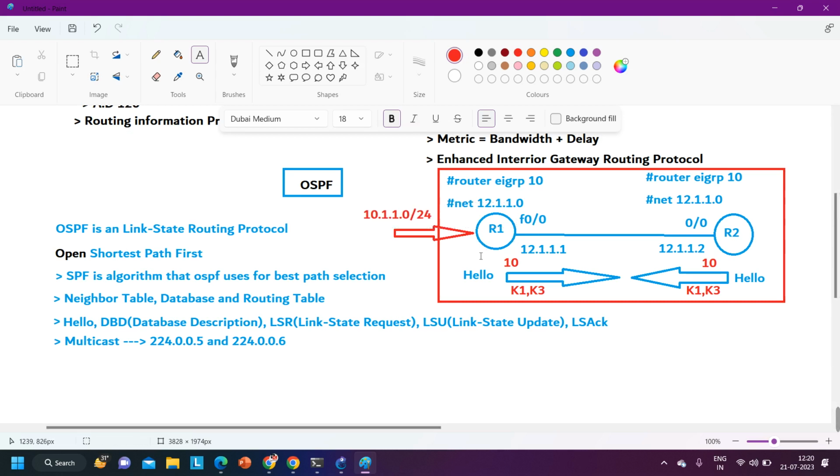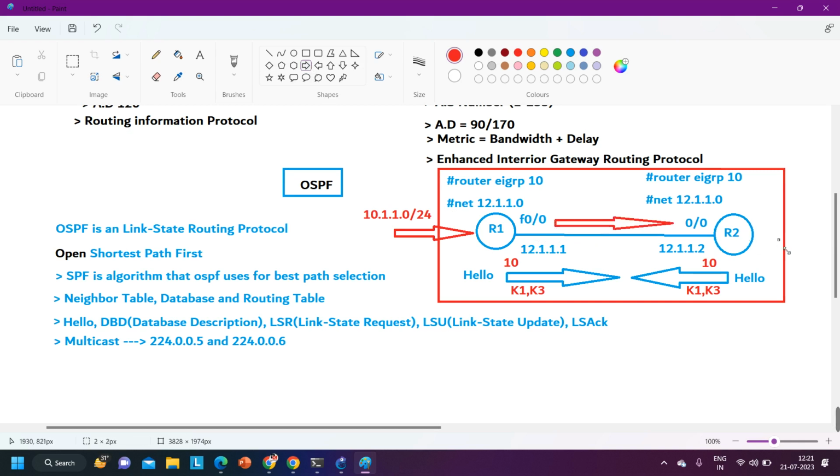This is a network which router 1 is receiving, maybe from its neighbor or anywhere, doesn't matter. Let's say router 1 has this network in its routing table. So router 1 will share this network information to R2 also, yes or no? Because router 1 has learned this network from somewhere, and then it will share it to its neighbor router 2.